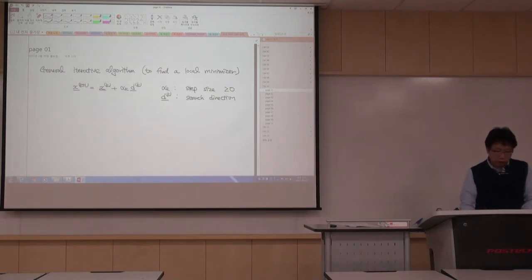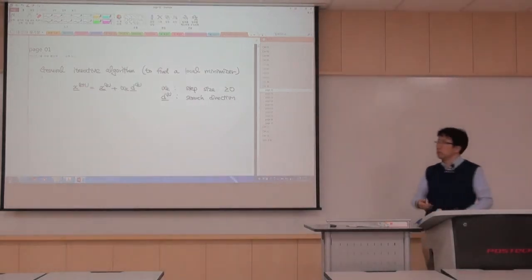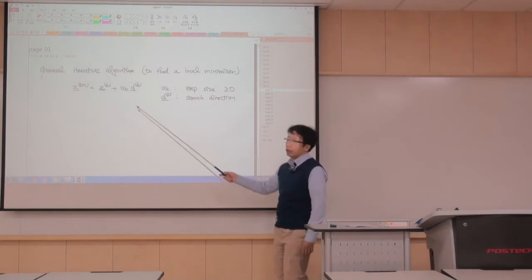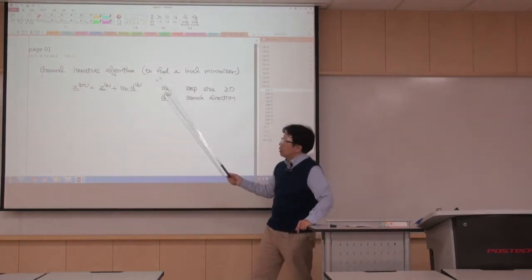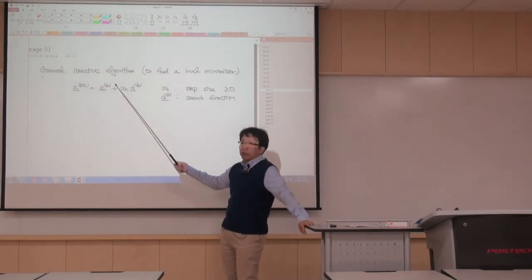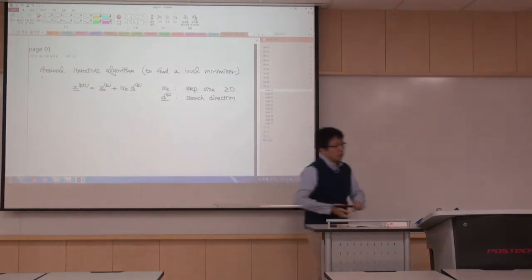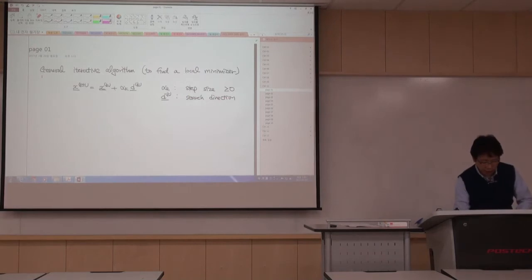So we started to take a look at the general form of an iterative algorithm in our search for a local minimizer. From the kth iterate, in estimation theory, you may say that this is the kth estimate.